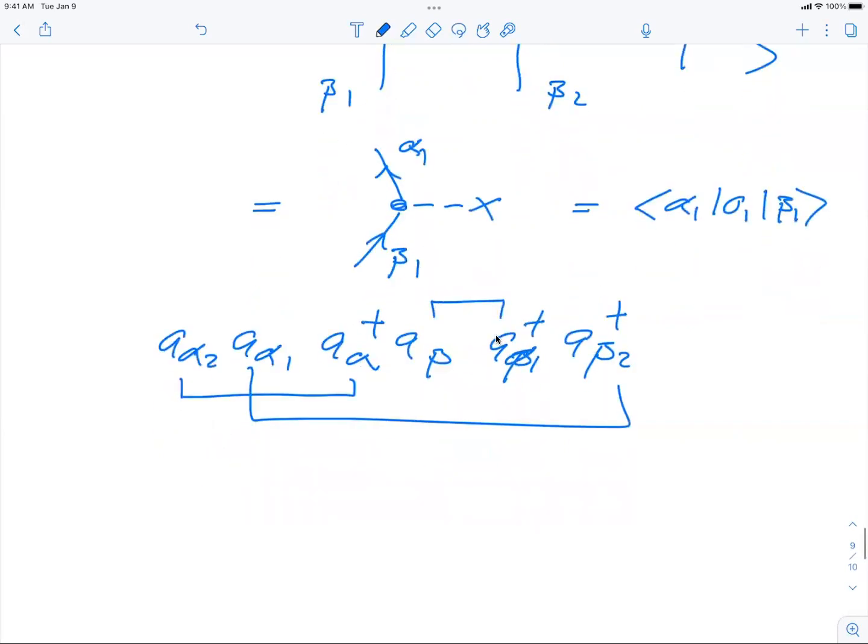So if I write down the analytical expression, this would now give us a minus, and then I would have an alpha 2 here, and I would have an O1, the one-body operator, and I would have a beta 1, and then the Kronecker delta of alpha 1 with beta 2 here.